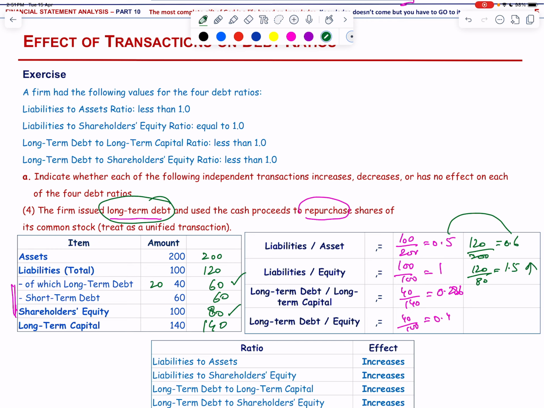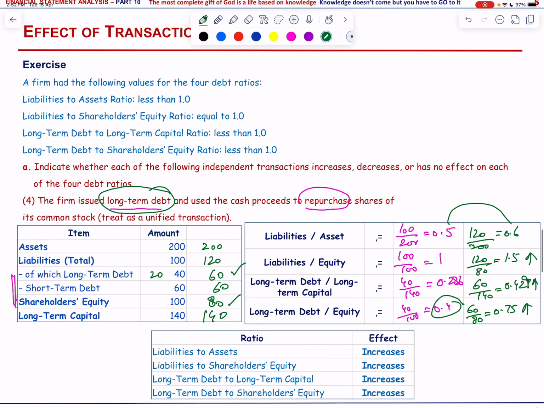Coming to long-term debt to long-term capital, this is going to be 60 divided by 140, that is equal to 0.429. So this also increases from 0.286 to 0.429. And finally, the long-term debt to shareholders equity is equal to 60 over 80, that is equal to 0.75, and this also increases from 0.4.